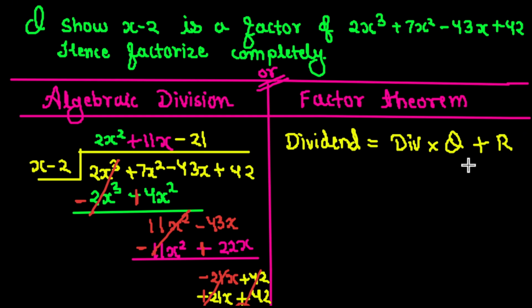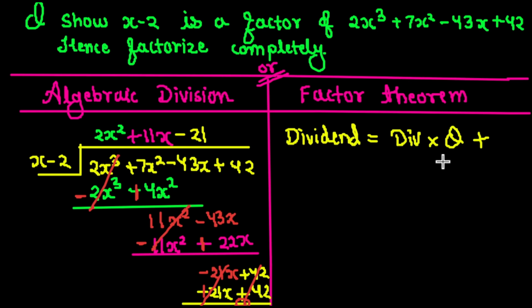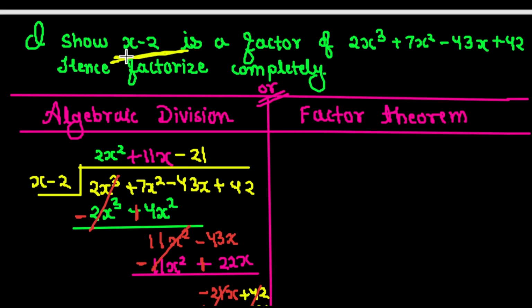Now if it is already a factor, then you will have no remainder, as we have already seen here. So before doing this, you need to first show that it is a factor.